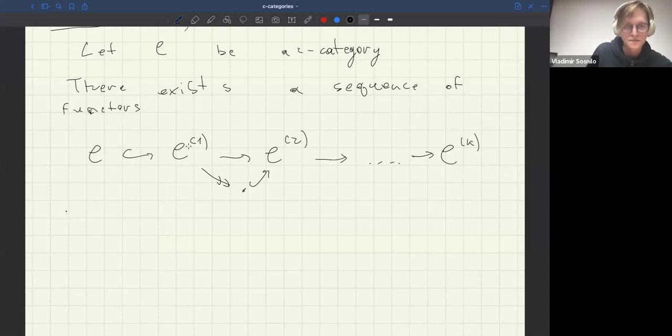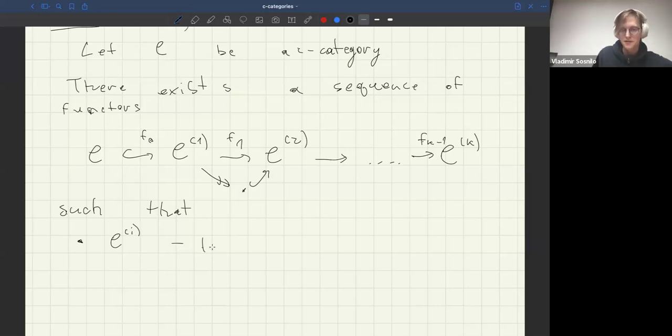So this is f0, f1, up to f k minus 1. And so the following is satisfied. All the C i are bounded weighted categories.